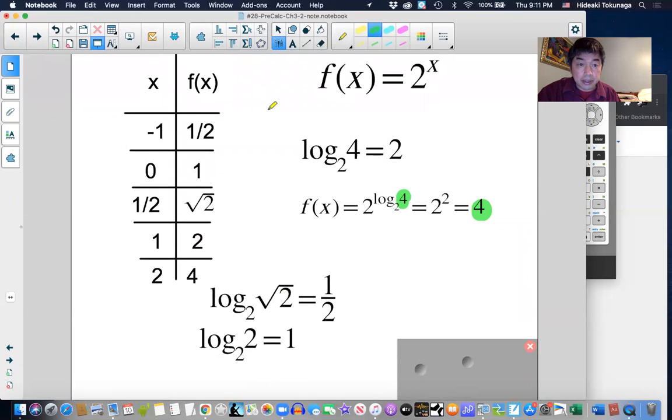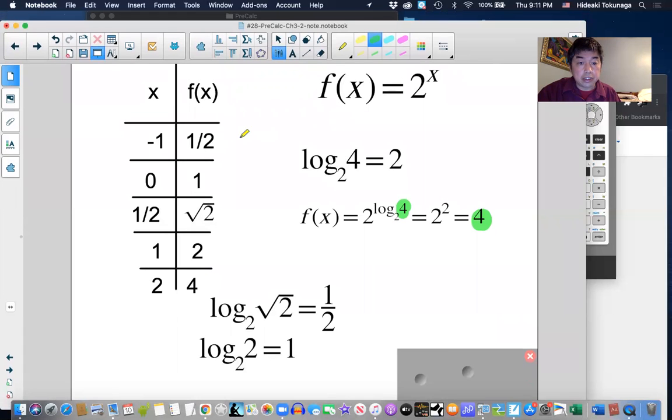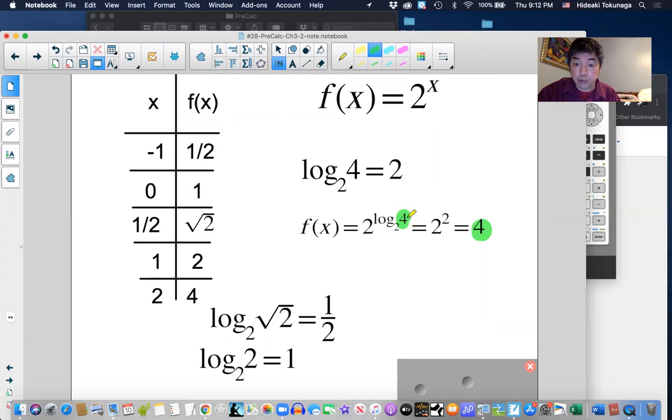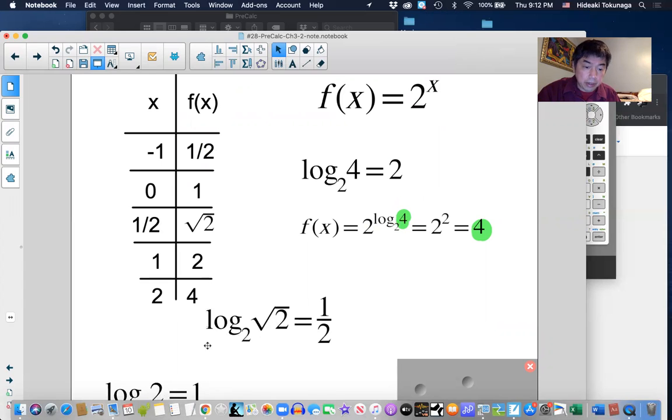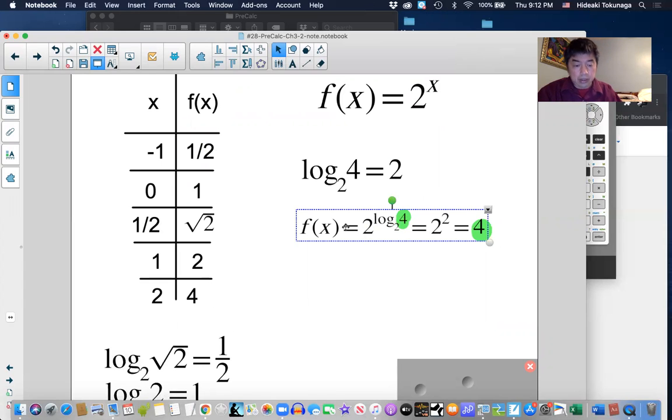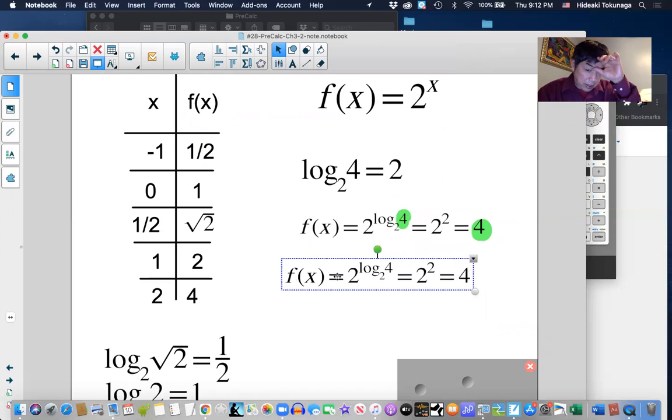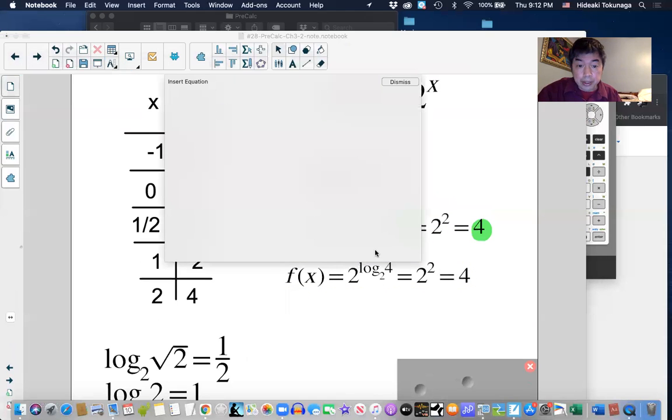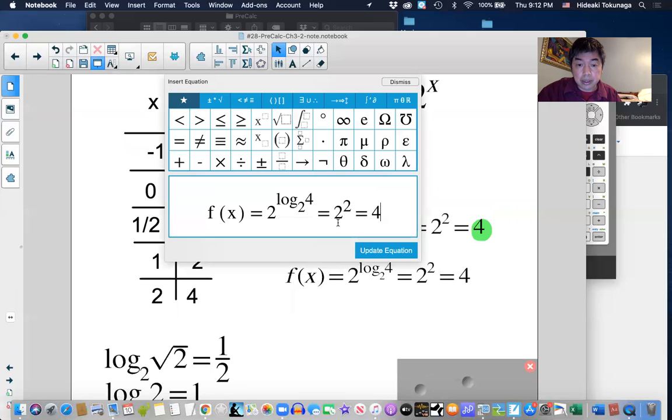Log base 2 of, instead of 4 this time, I put half. Let me move around. I cut and paste, and I erase this side.